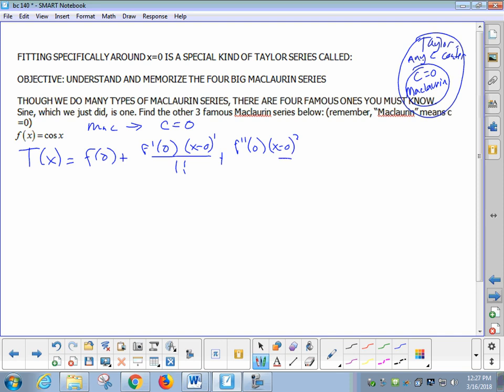I'm going to show lots of work. You don't necessarily have to show all this work. I would like you to give me the first 3 non-zero terms and the summation notation.